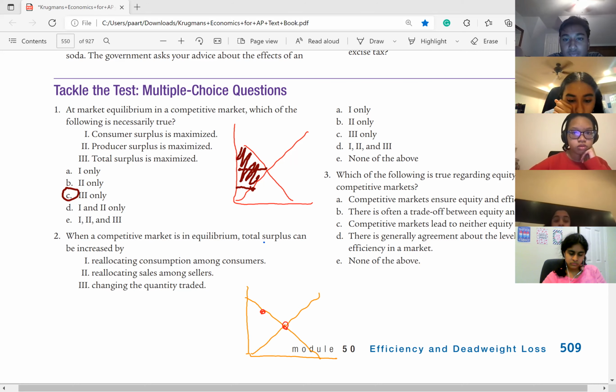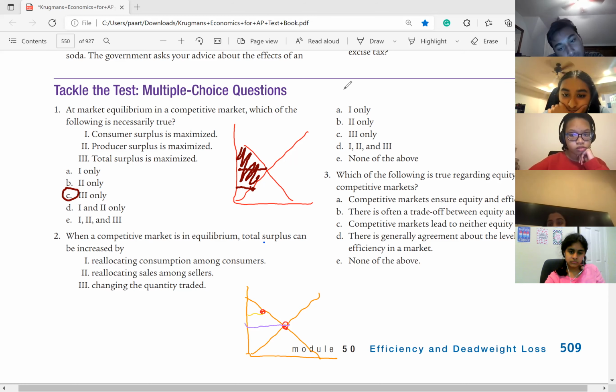So I'm pretty sure it's movement of the demand line. So before it used to be this much, right? And now it's this much, right? So that's not a good thing for reallocating consumption, it actually makes total surplus decrease, right?